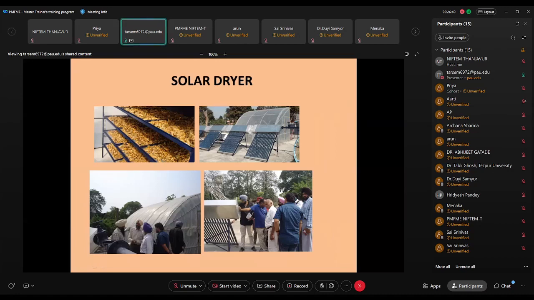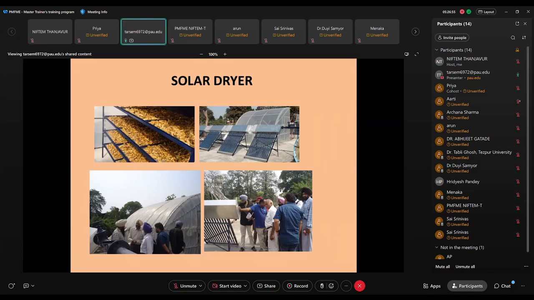So we are not exposing the produce directly to sunlight. We are heating the air with the help of solar energy, and that hot air is used for drying the produce. This is the inner view of the greenhouse or polyhouse, where the trays are kept, and on the trays you can see turmeric being dried.